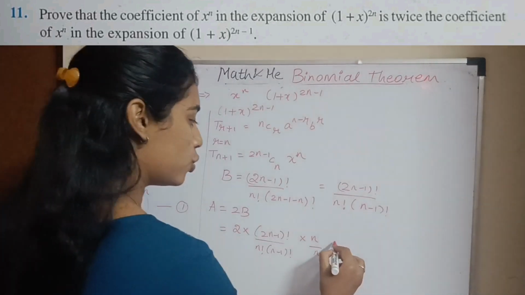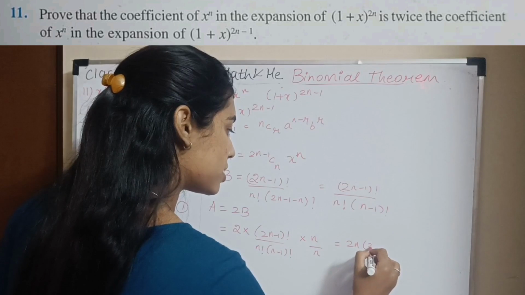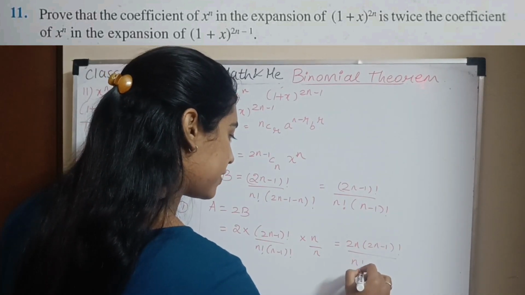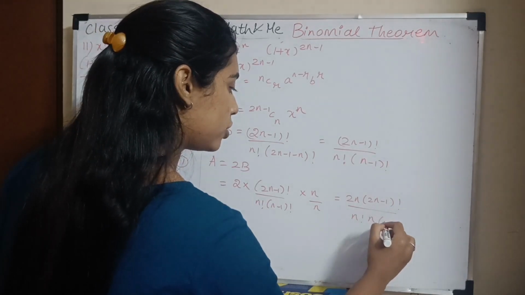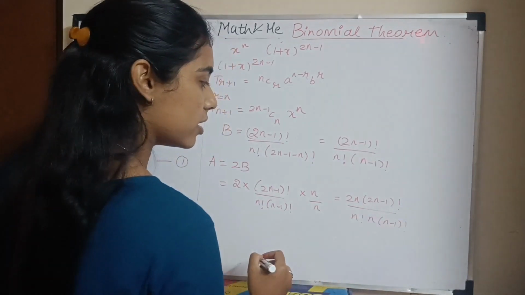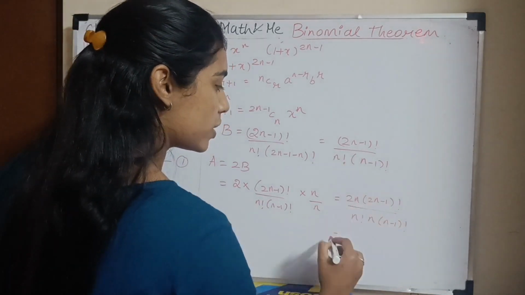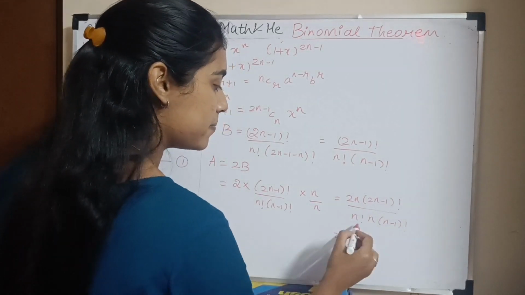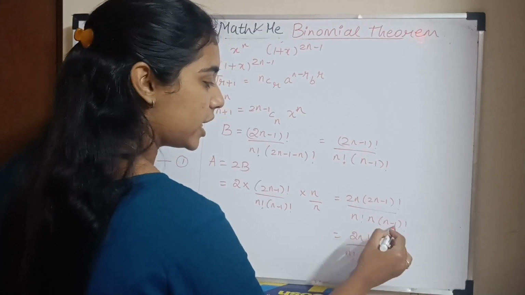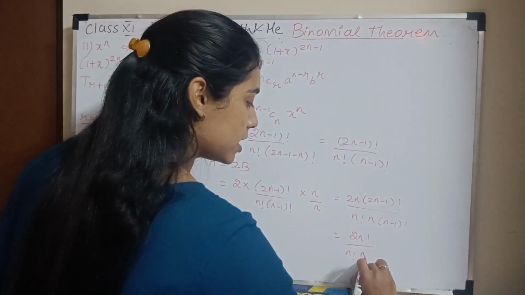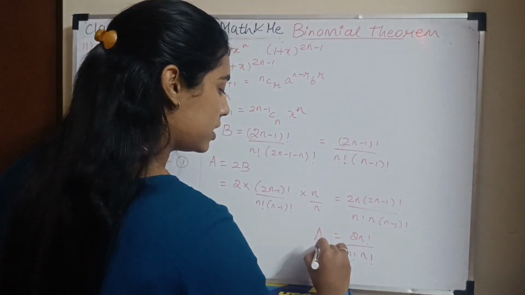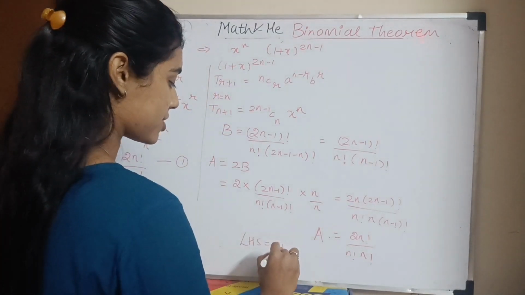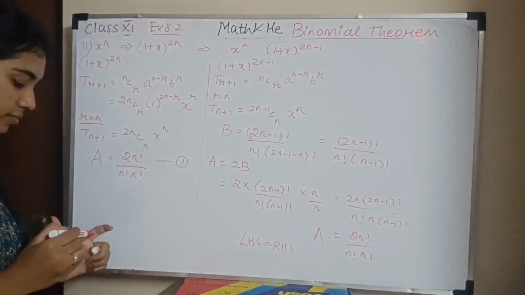I have 2n times 2n minus 1 the whole factorial divided by n factorial times n into n minus 1 the whole factorial. So what is it? 2n times 2n minus 1 whole factorial is 2n factorial, divided by n factorial. n into n minus 1 the whole factorial is n factorial, which is nothing but A. So LHS equals RHS. Hence proved.